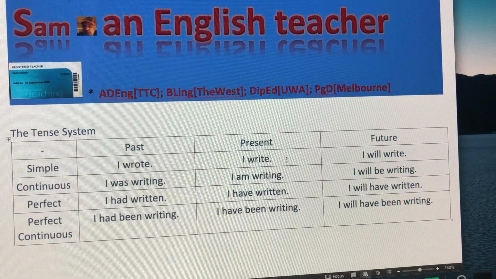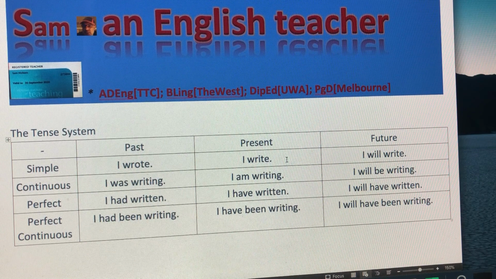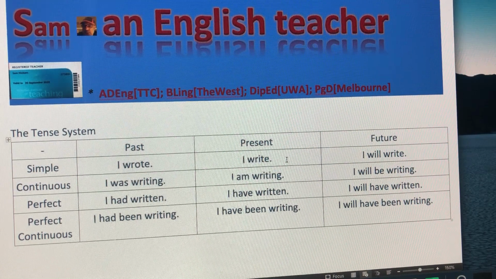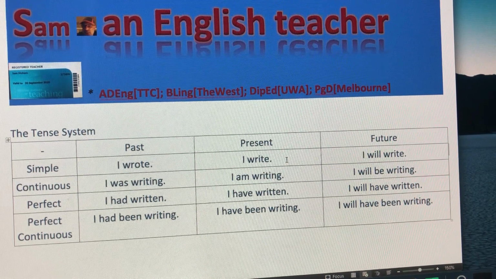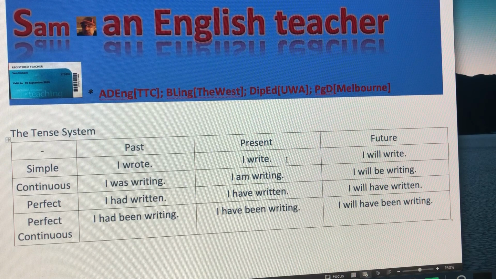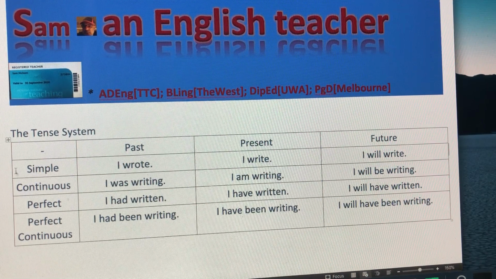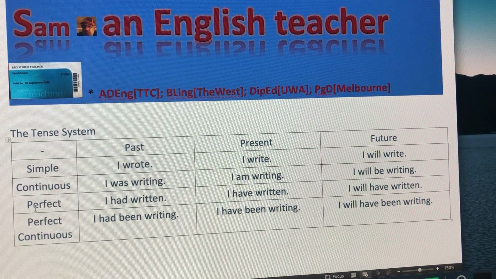Anyway, let's move on, because if we want to talk about peripheral things, then we might be beating around the bush. So I don't want you to lose your focus. So we've got present simple, I write, present continuous, I'm writing, present perfect, I have written.